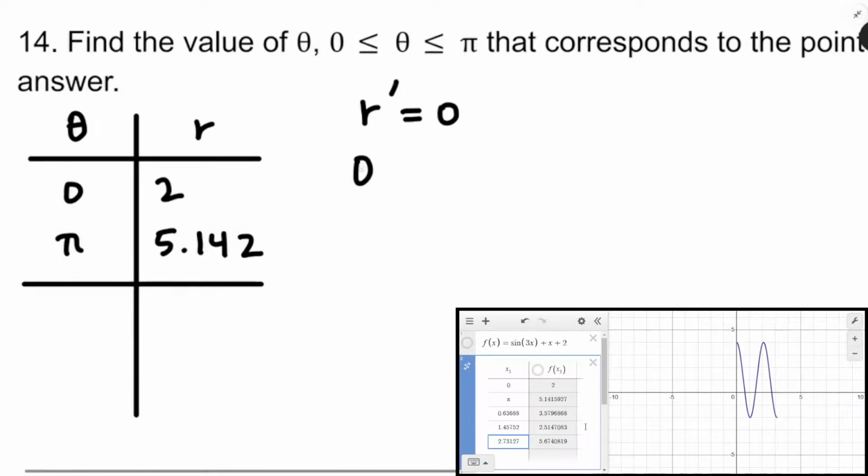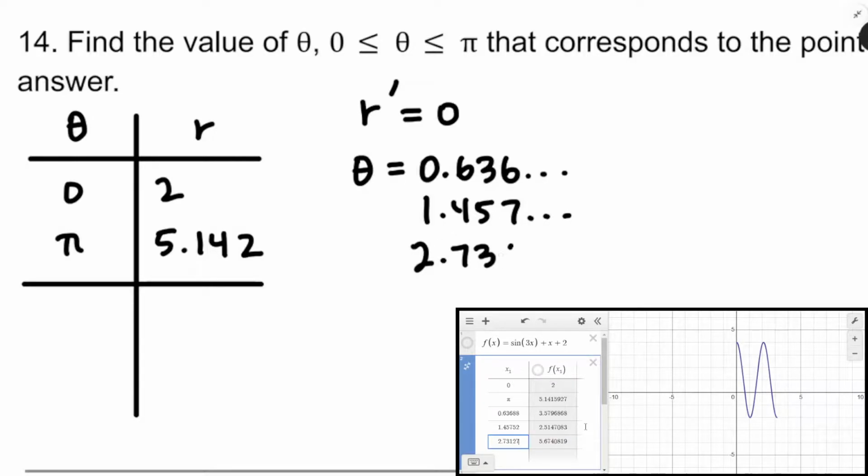So theta equals 0.637, or actually, I'm going to say 0.636, and 1.457 and 2.731. Okay, and I'm going to plug those in. Is that the order I put them in the table? Yeah, okay.